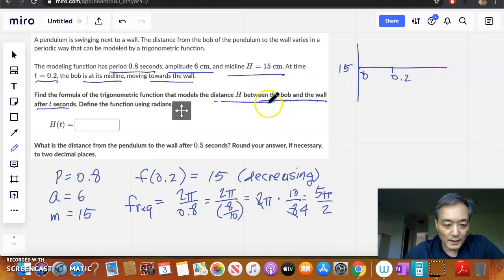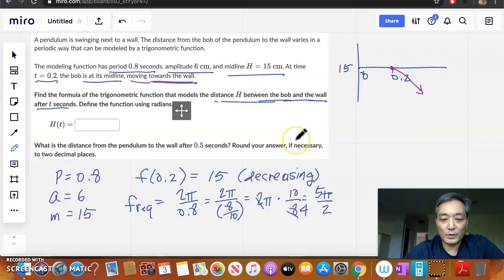At f of 0.2, we are sitting at the midline, and the distance between the wall and the bob is decreasing, since it's moving towards the wall. So it came up from here and it's going down.